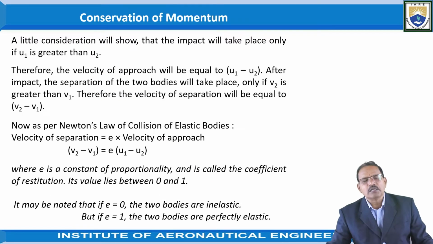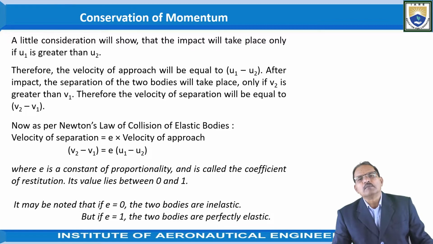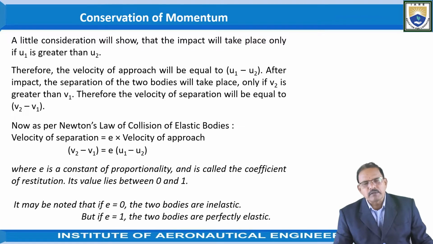Now, according to the conservation of momentum, the momentum possessed by the two bodies before the collision should equal the momentum possessed after the collision. And according to Newton's law of collision, the velocity of separation, V2 minus V1, has a constant ratio with the velocity of approach, U1 minus U2.